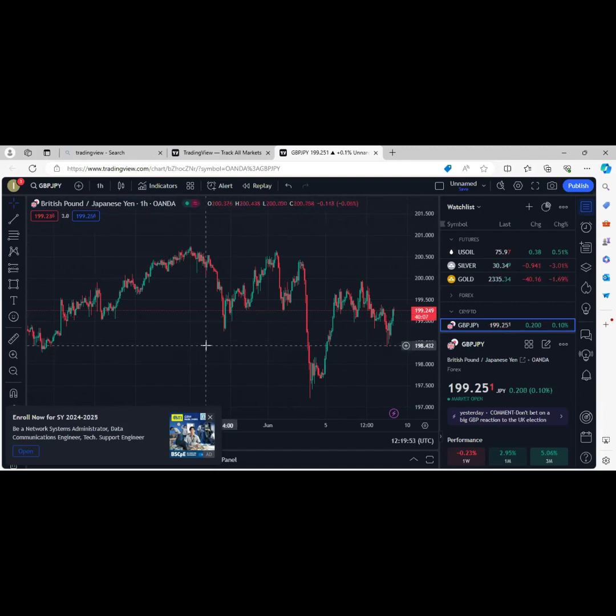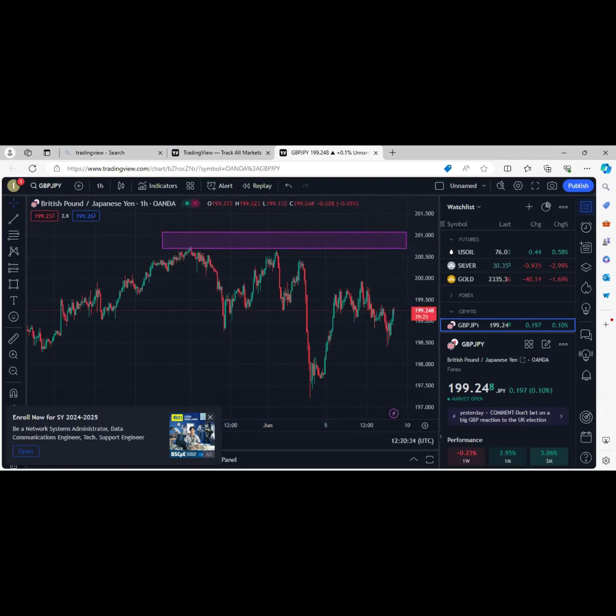Now just mark your supports and your resistance. This is the resistance, right? Yeah. So drag it ahead, drag it across, drag it more to where price ends.